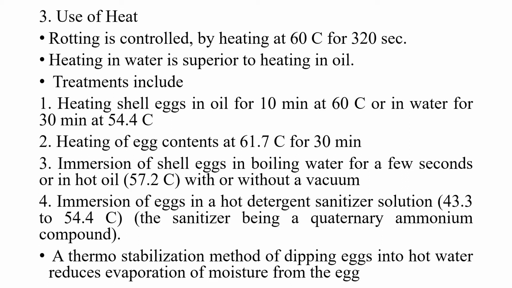Third, immersion of the eggshells in boiling water for a few seconds, or in hot oil at 57.2 degrees Celsius with or without vacuum. Fourth one is the immersion of egg in a hot detergent sanitizer solution at 43.3 to 54.4 degrees Celsius, and the sanitizer used is a quaternary ammonium compound.